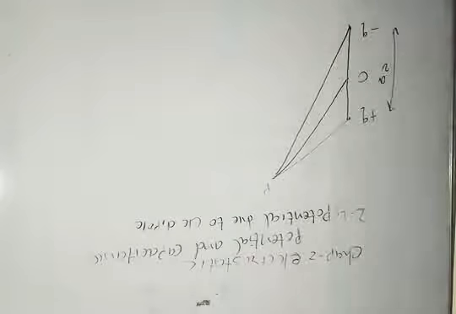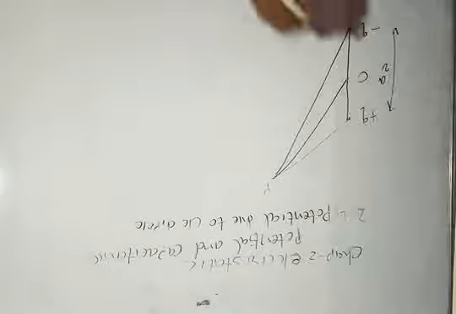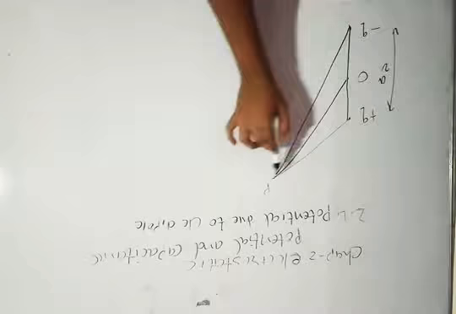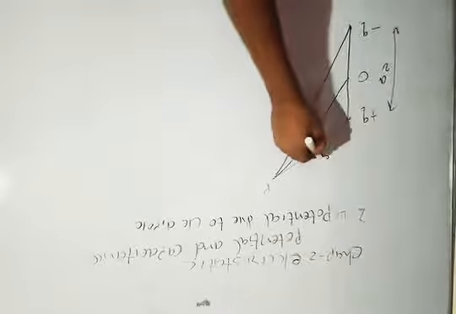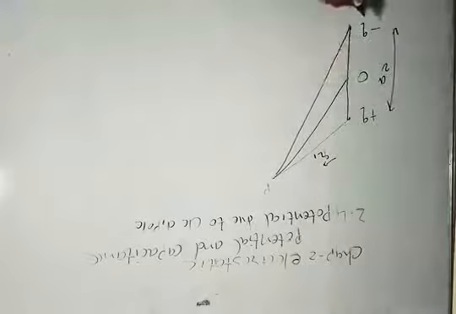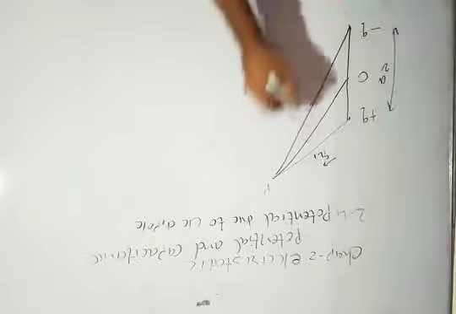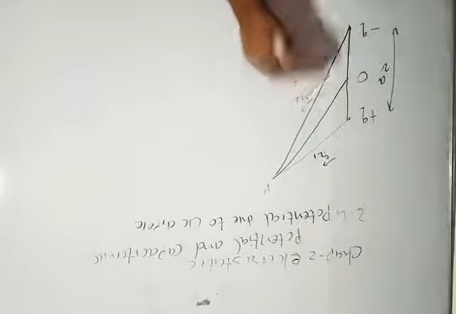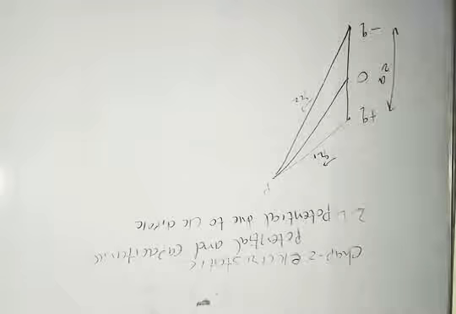Clear? So from the positive q charge to point P, let us take that distance as vector r1. From the negative q charge to point P, let us take the distance as vector r2. Clear? Okay.